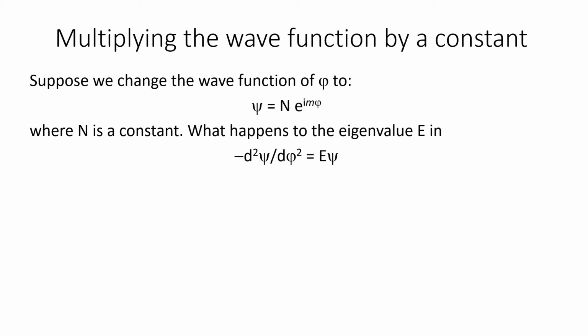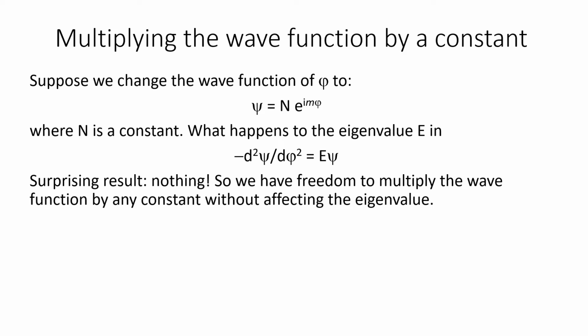Let's, for argument's sake, multiply that by any old number, some constant which we can just call capital N to look at it in the most general case. What happens to the eigenvalue that we get in our energy eigenvalue equation, in our simplified form, where we just had minus the second derivative equals E psi, where E is proportional to the energy? So you might have a think about that. What happens to the eigenvalue E if we multiply the wave function by N?